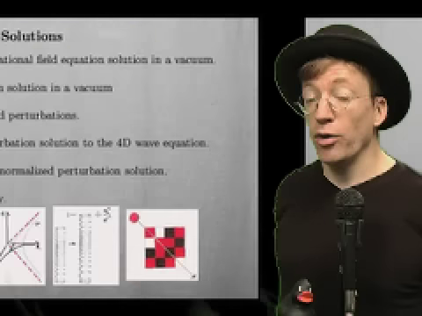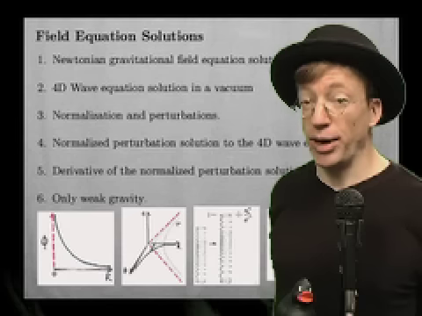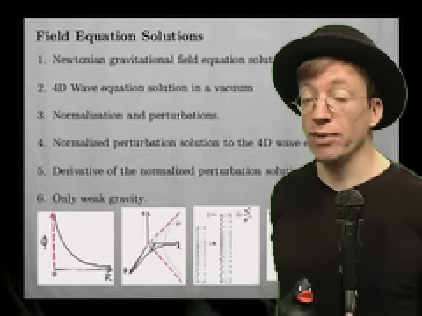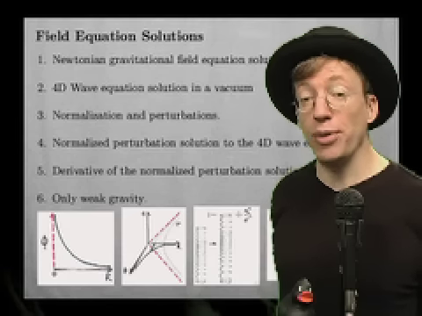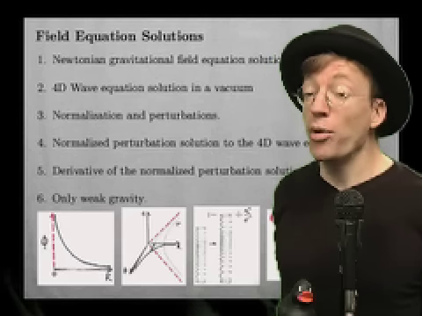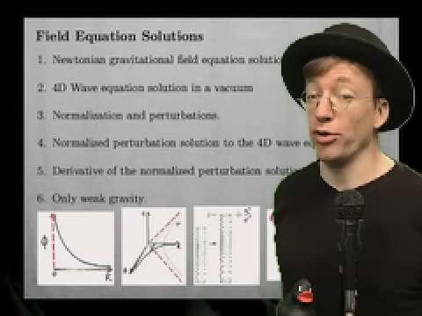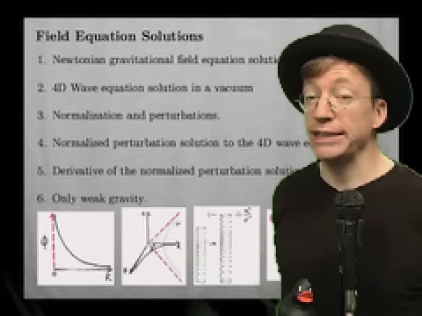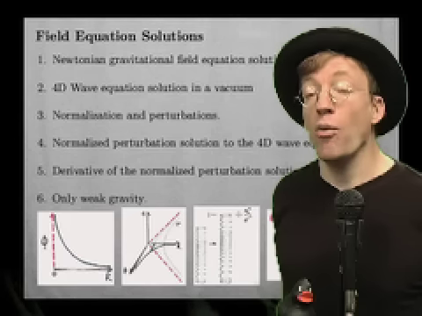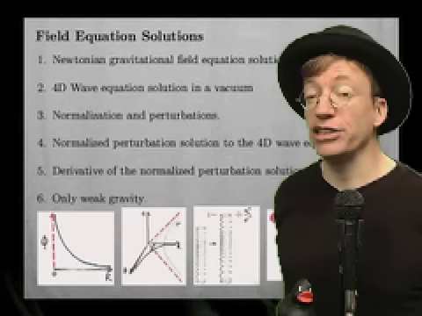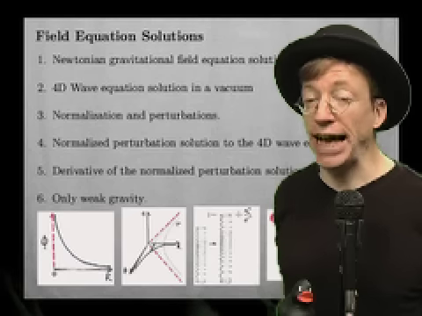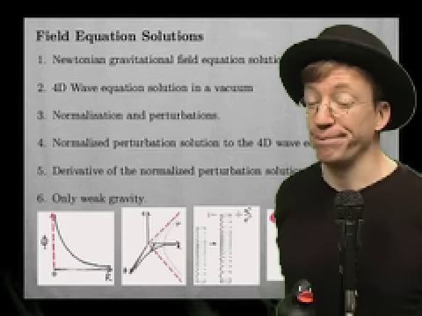We will see a big problem with those types of solutions. But with the power of normalization and perturbation, when we start to look at variations in that, we can see the right sort of dependence on distance that we need to get.